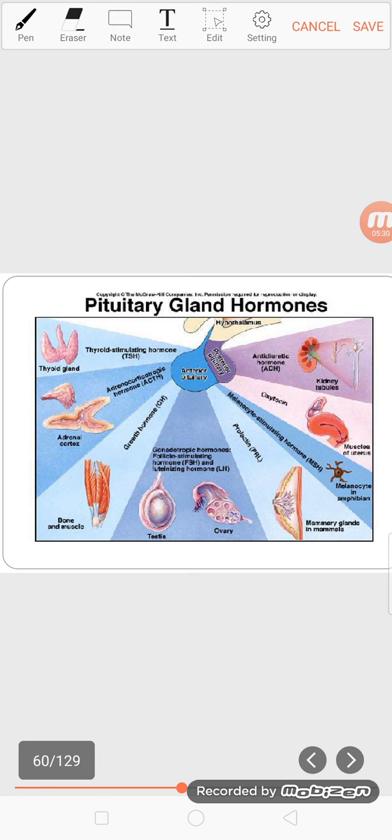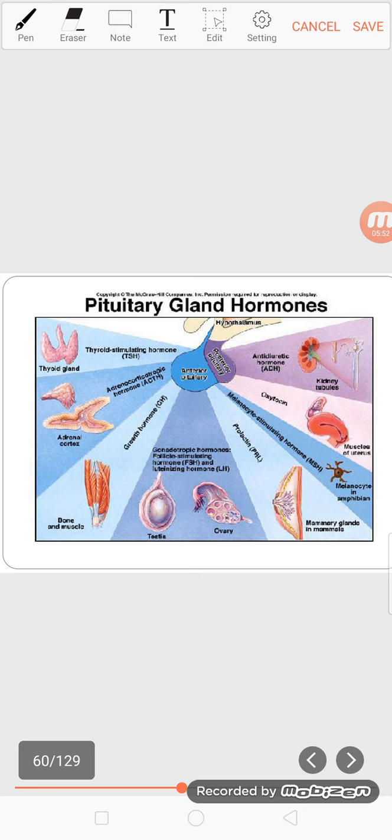Second example for the posterior pituitary is oxytocin. This oxytocin travels to, for example, the uterus, and it will cause contraction of the uterus during labor, giving birth. So this is an example.